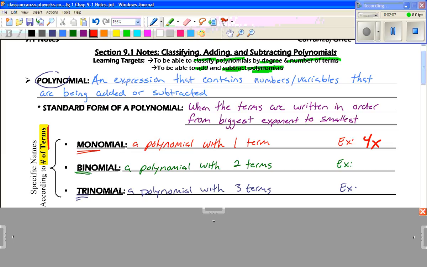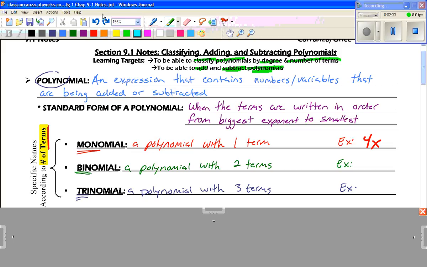Now, for those of you who speak Spanish or I think Italian, some of these you might have heard. If you're in reading classes right now, you know your root words, the mono, the bi, and the tri. Mono, 1, bi, 2, tri, 3. You should know that, so that should help you out.